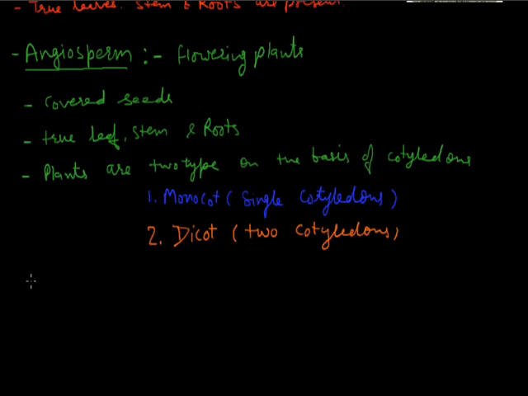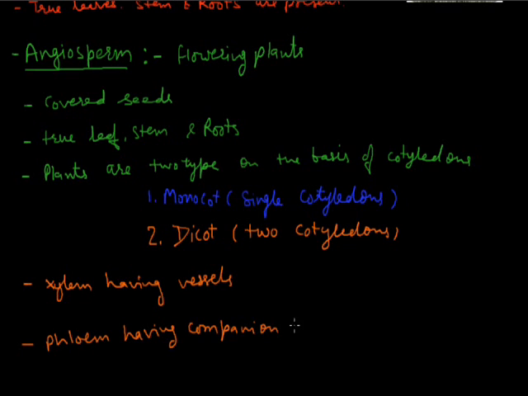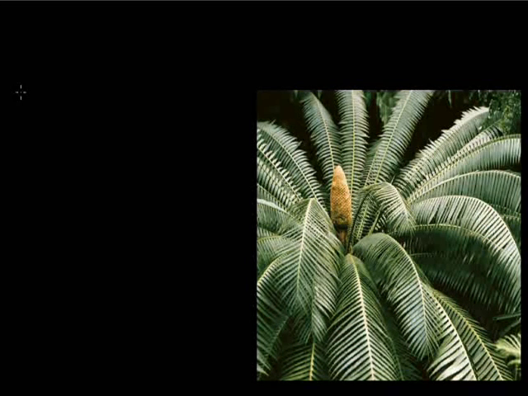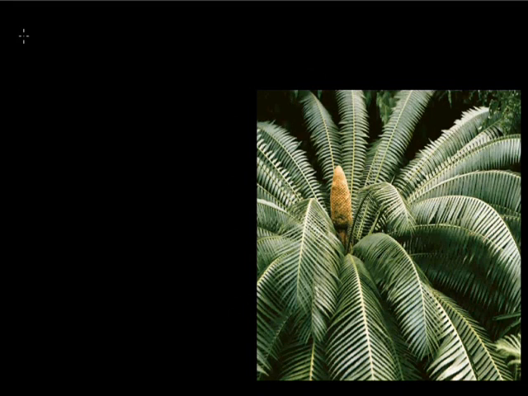In the case of angiosperms, they have well-developed xylem vessels. It means xylem having the vessels and phloem having the companion cells. So in the case of gymnosperm and angiosperm, what is the basic difference here?